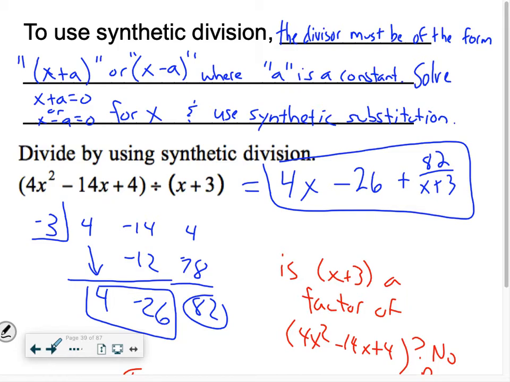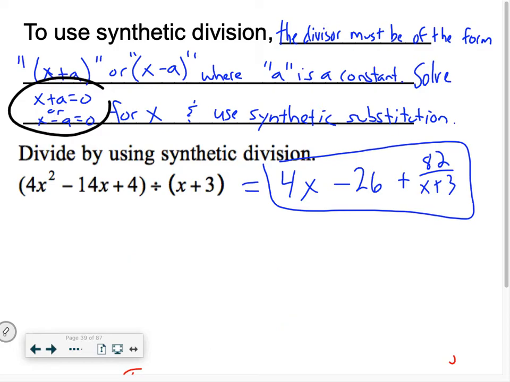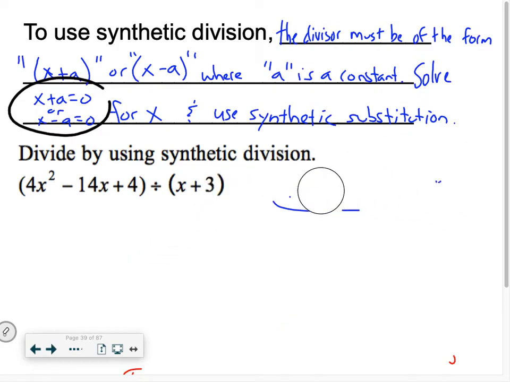So what you do to use synthetic division is you solve the factor equal to 0 to get the a, and then you can use synthetic substitution, basically, to do that division problem.